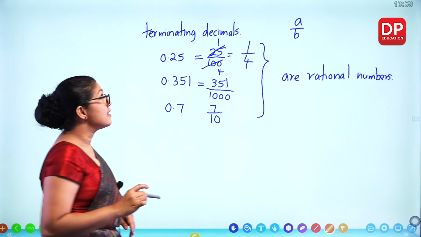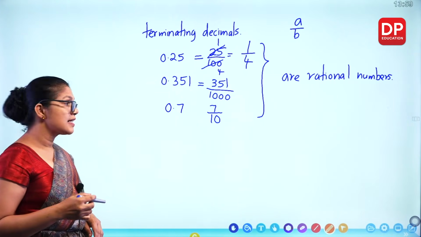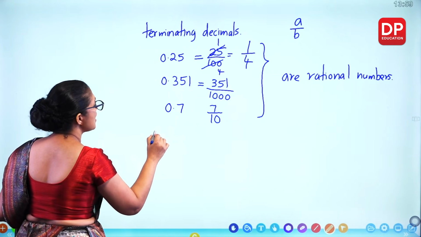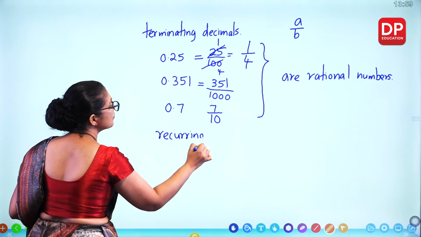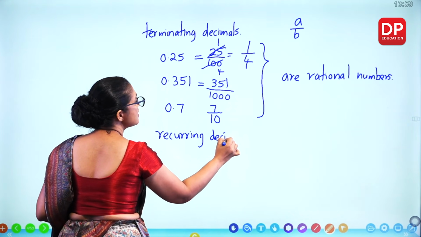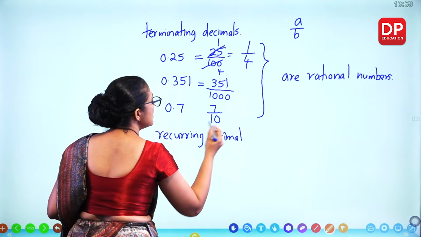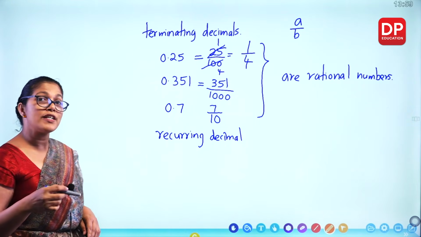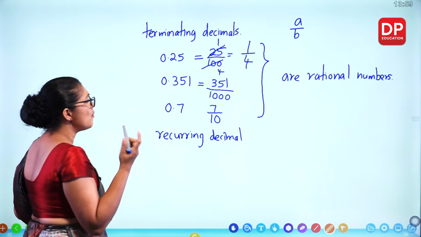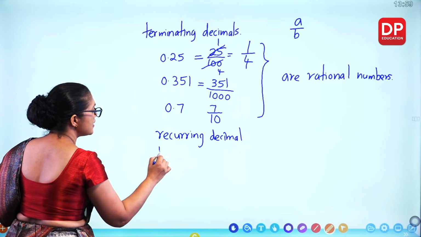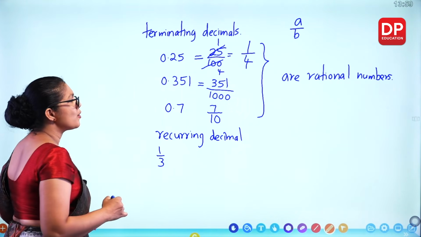Now we'll take another type of decimals, recurring decimals. What are recurring decimals? Recurring decimals means one digit or digits are repeating. So here we'll take 1/3, 1 over 3.